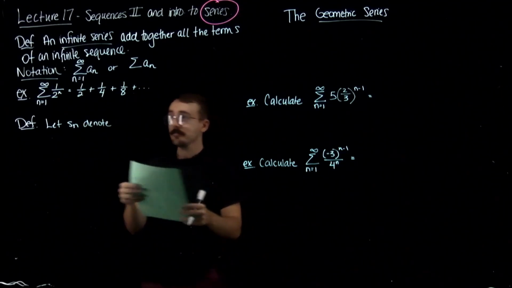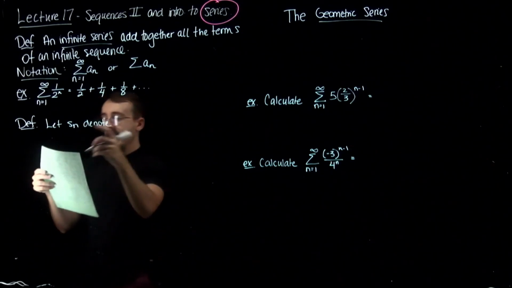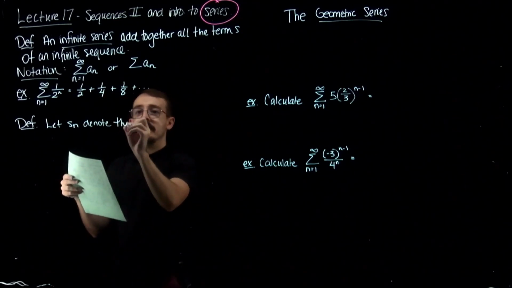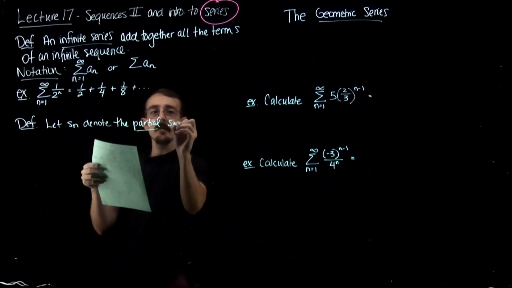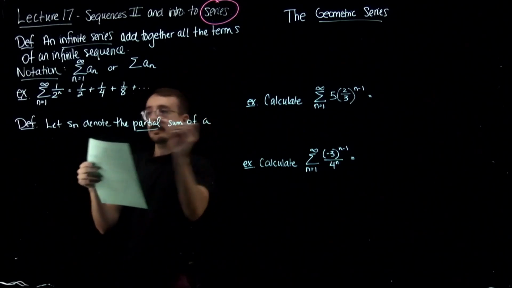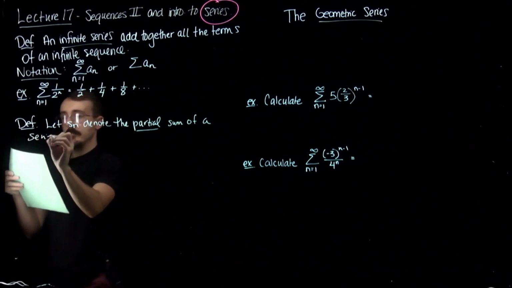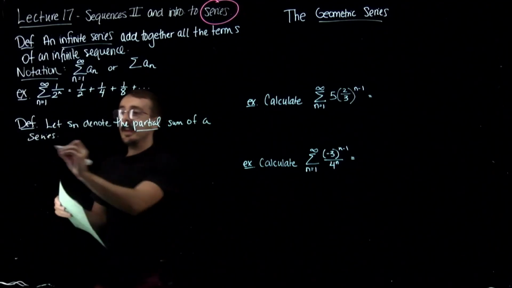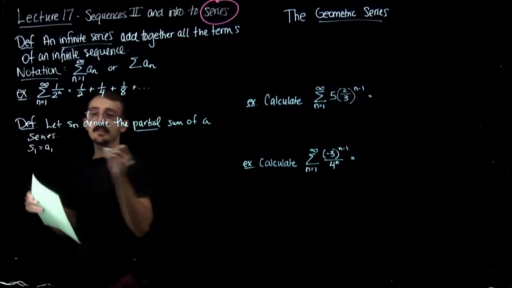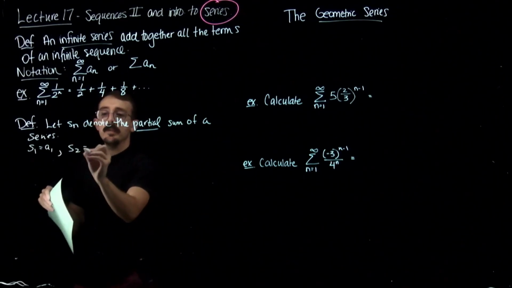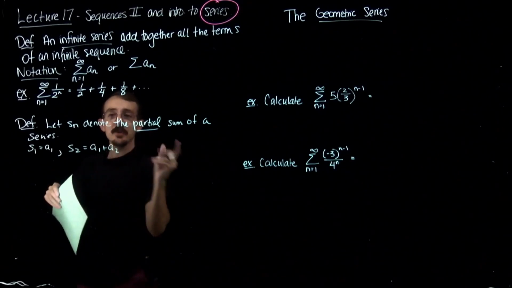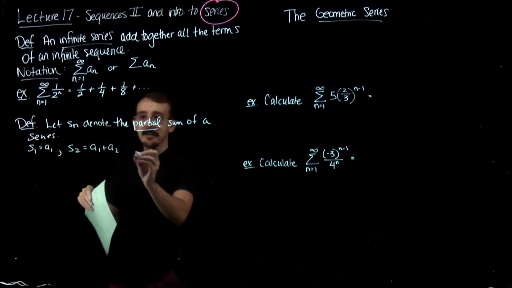So we're going to say S of n is going to denote something called the partial sum of a series. For example, S of 1 is just the first term of the sequence. S of 2 is you take the first 2 members of the sequence and add those 2.